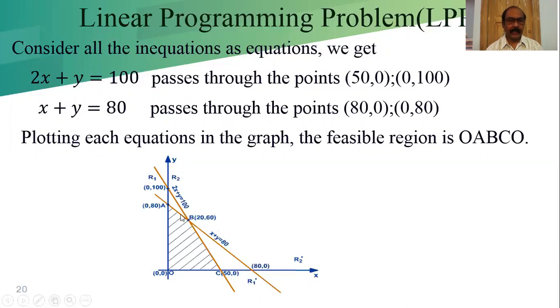B is the intersection of the two equations, 2x plus y equal to 100 and x plus y equal to 80. After solving these two equations, we get the point of intersection B of the two lines as 20, 60.